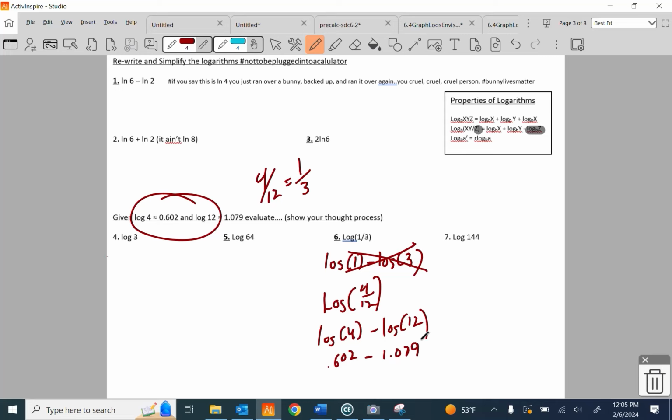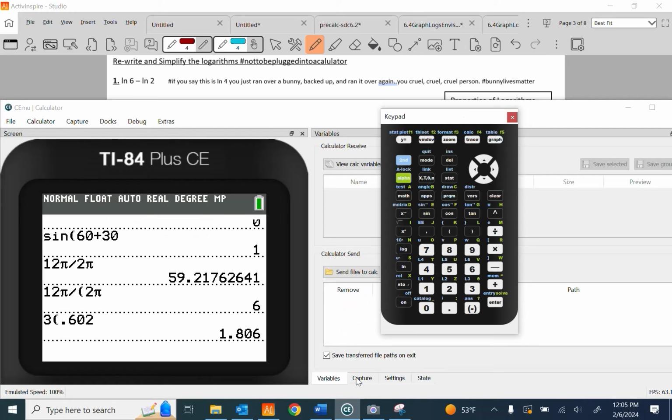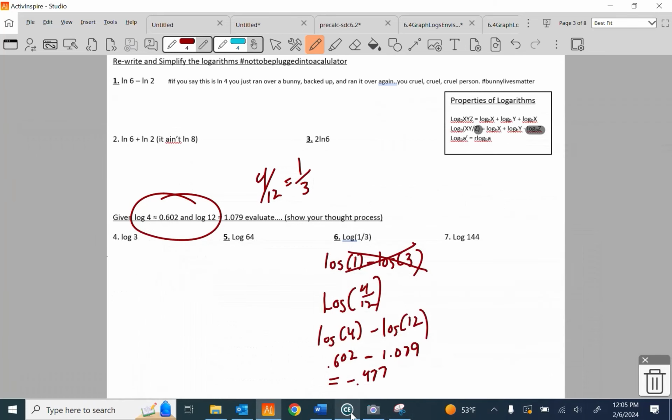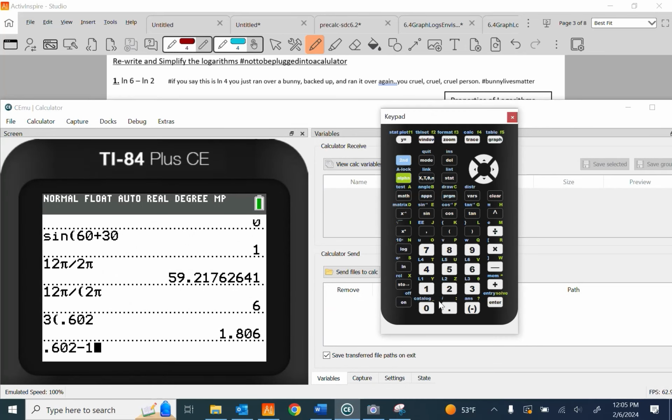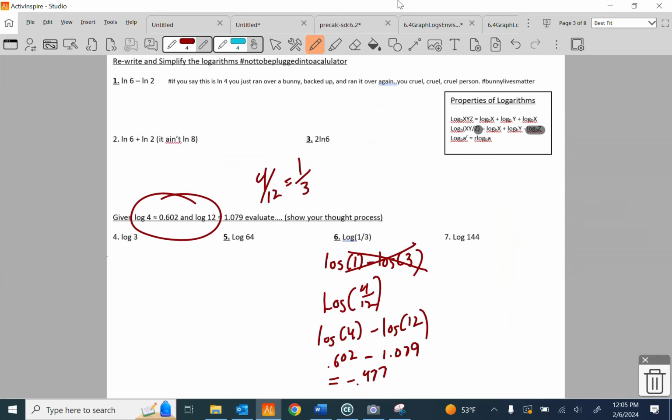That should be checked. So let's just see if I'm right. I'd hate to do something wrong. Yep, there we go. Good.